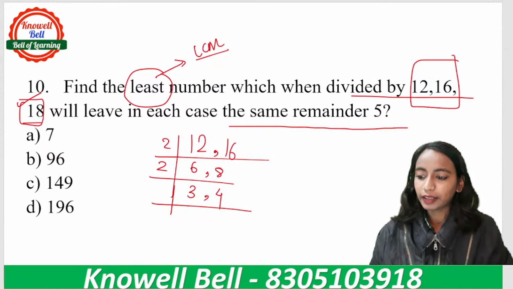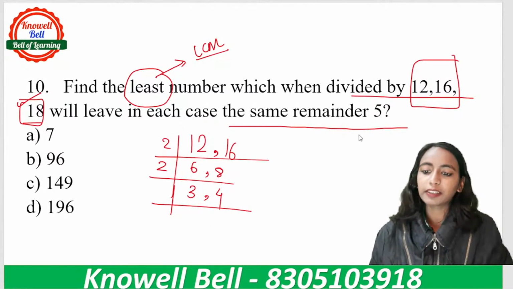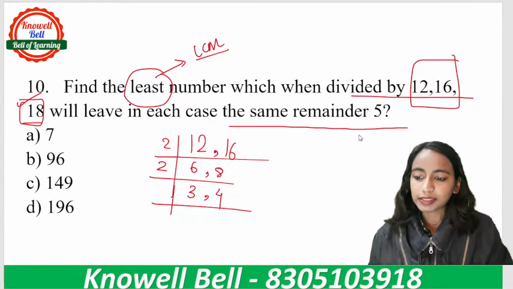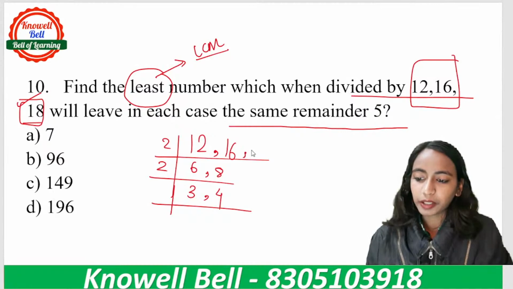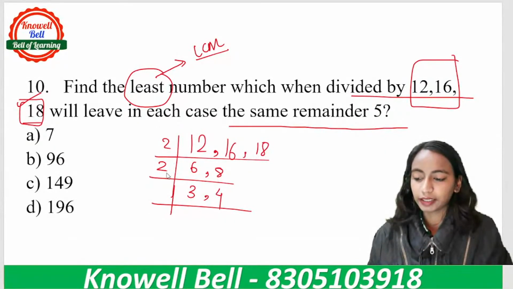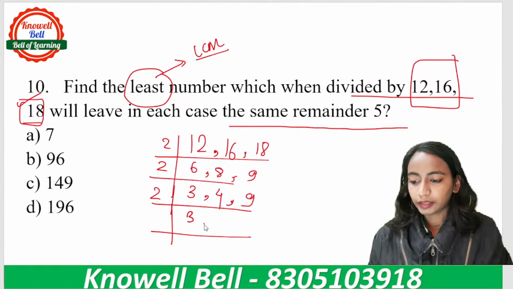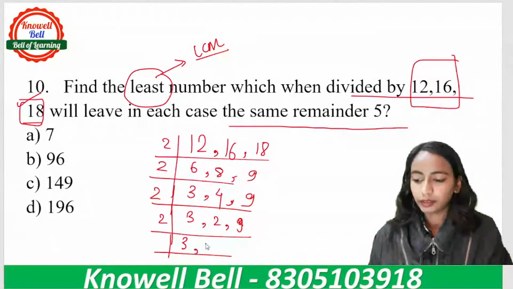We have to find the LCM of 12, 16, and 18. The question is saying to identify the least number which, when we divide by 12, 16 and 18, the remainder will be 5 in each case. So we will take the LCM. 2 9s are 18. 9 will stay here like that. It will become 2, 3, 2, 9. It will be 2, 3, 1, 9.